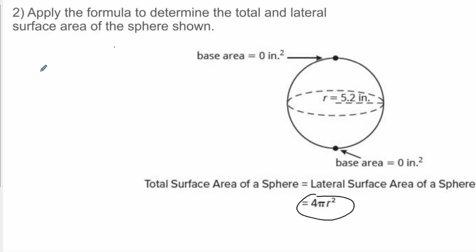To do this one, I have 4 times pi times r, which is our 5.2, squared. Then I put that in the calculator, and that equals 339.8 inches squared, because that's surface area.